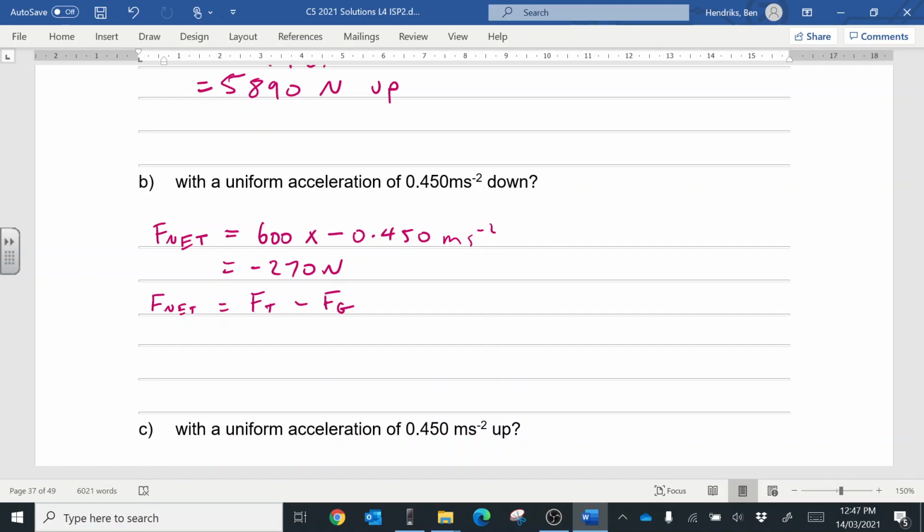So, just a side note here, if we include the negative in there, then we keep our acceleration due to gravity as positive, because that negative is implied in that. It's already kind of accounted for in the negative symbol. So we end up getting negative 270 is equal to Ft minus the 5,890 newtons that we worked out before.